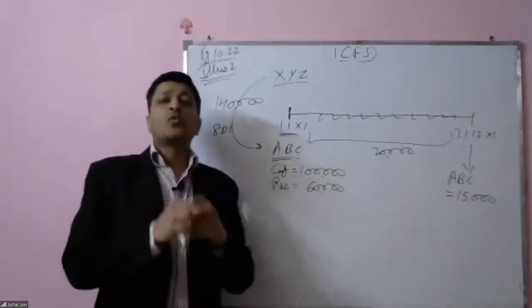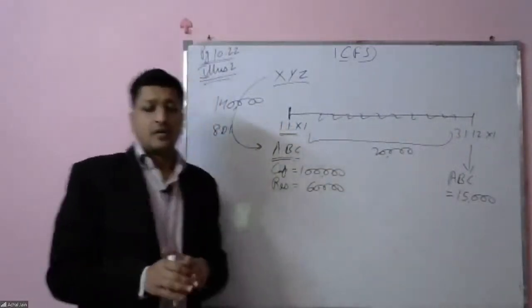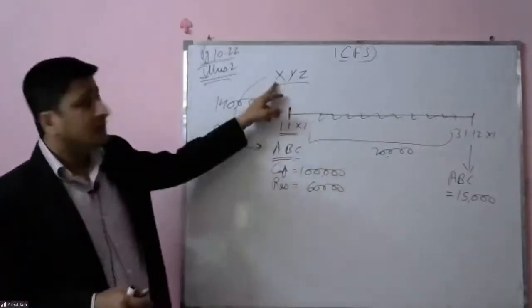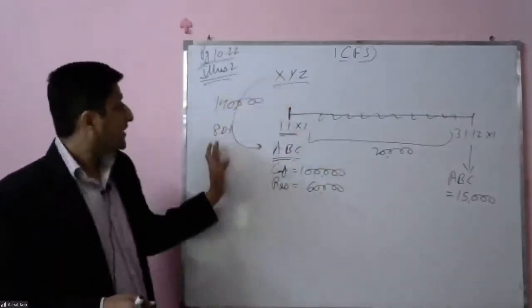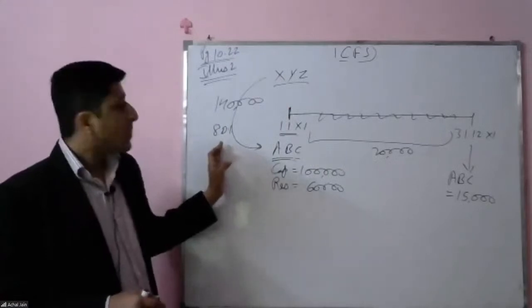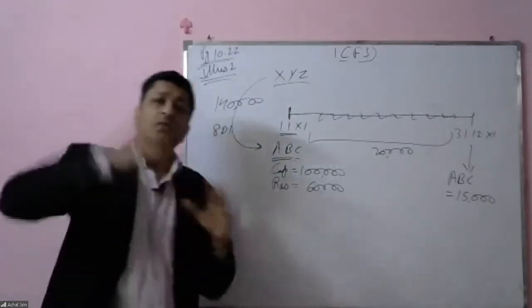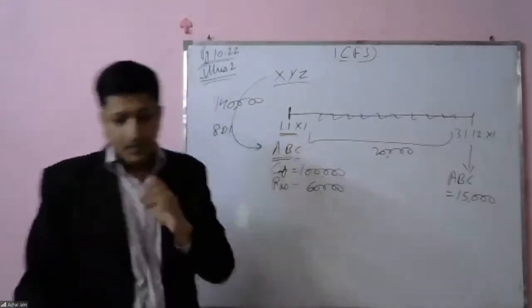ABC would have 2 categories of shareholders. One, that is parent. So 80% of the dividend will go to XYZ and 20% will go to the remaining shareholders. Correct?